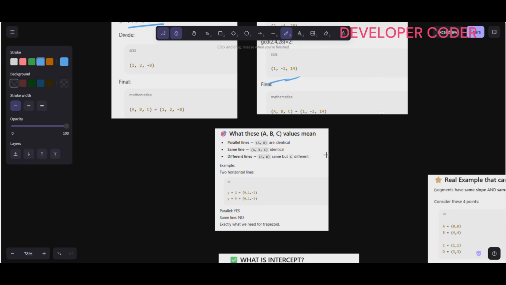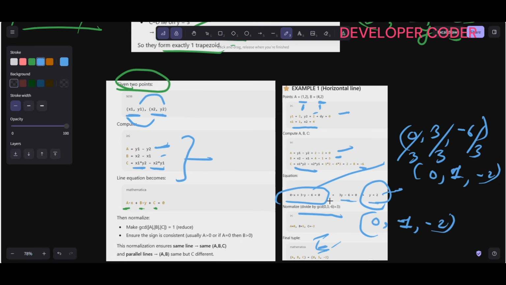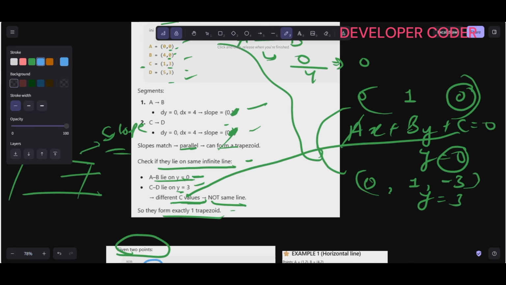Now what do these a, b, c values mean? If a and b are identical, that simply means that we have parallel lines. Same line if all are identical, a, b, c, that we have seen above. If we get the same value of a, b, c, they are identical. Different lines when a and b are the same but the c value is different, that we have seen here. Somewhere here we have seen, a and b are the same.